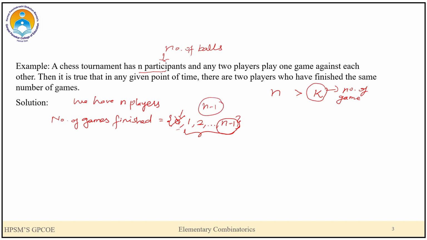Now we can apply the pigeonhole principle. Okay. So let us write down that in a form of picture. So these boxes are nothing but the number of games played. So we can have 1, 2 up to n minus 1. So now there are n minus 1 boxes and there are n balls or n participants. So by basic pigeonhole principle, it tells us that there will be at least one box which will have at least two players.